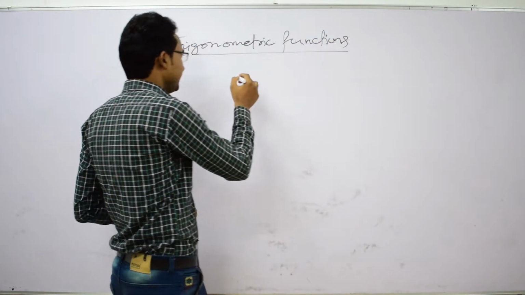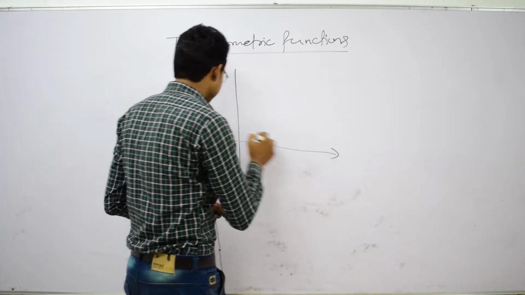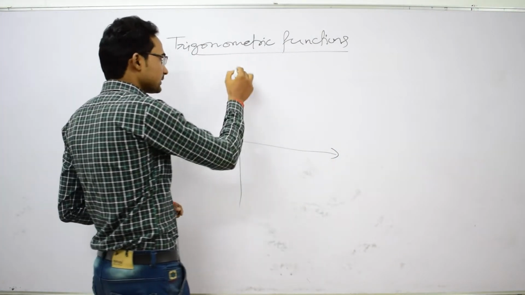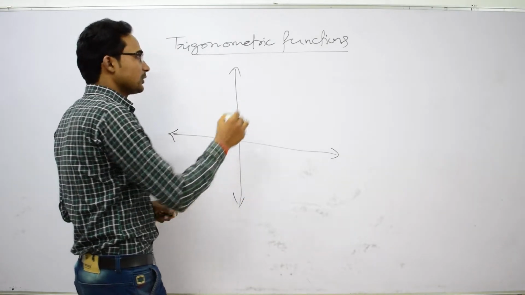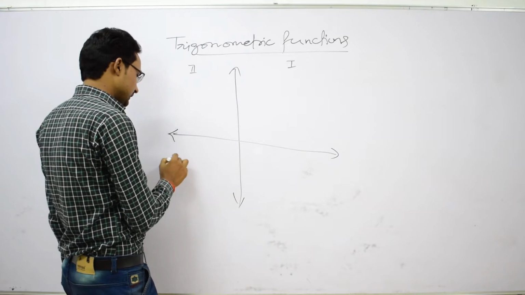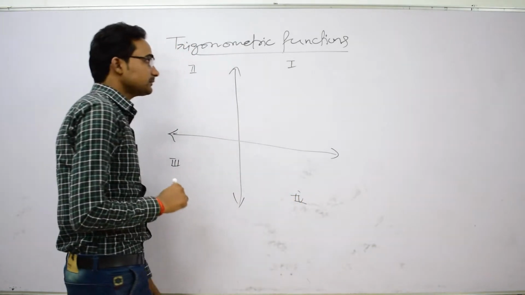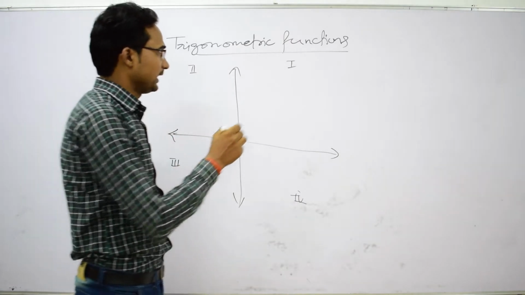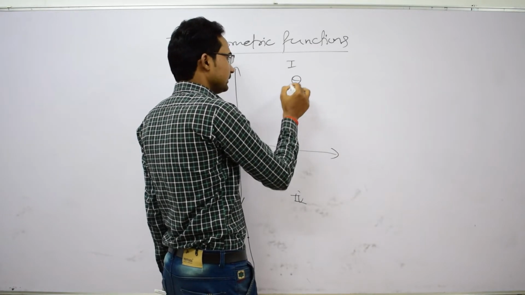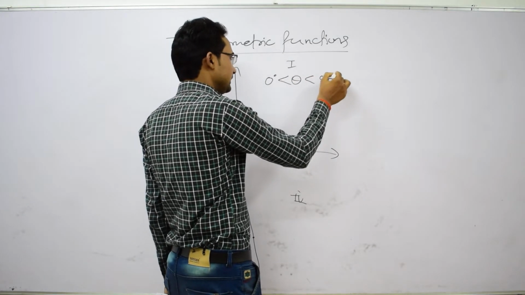Now, I am dividing the plane into 4 equal parts. The different parts are known as quadrants. This is the first quadrant, this is the second quadrant, this is the third quadrant, and this is the fourth quadrant. In the first quadrant, the angle theta is greater than 0 and less than 90.